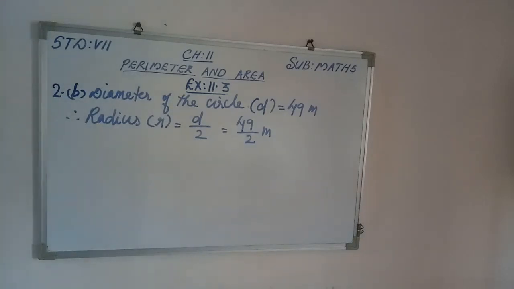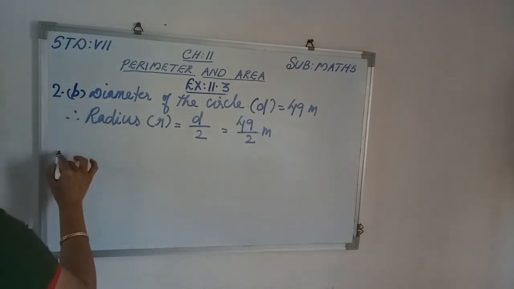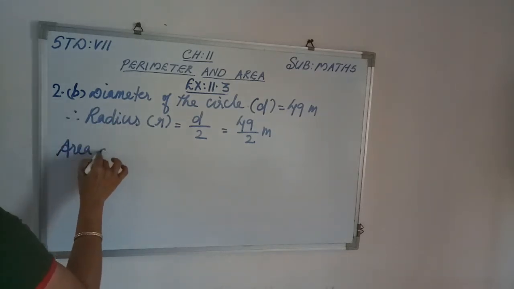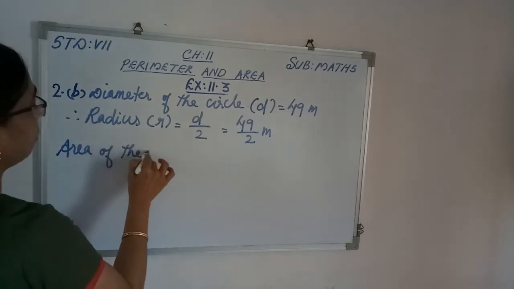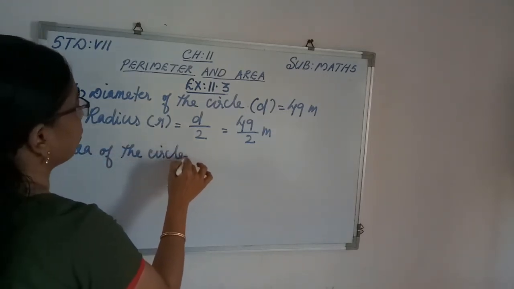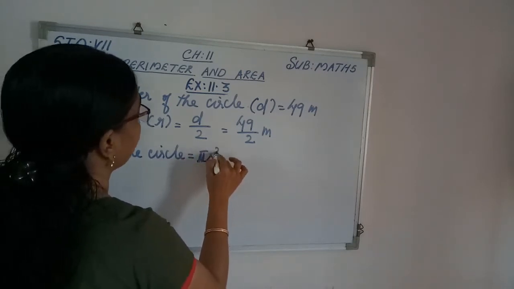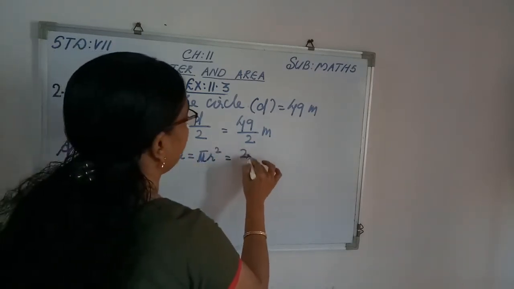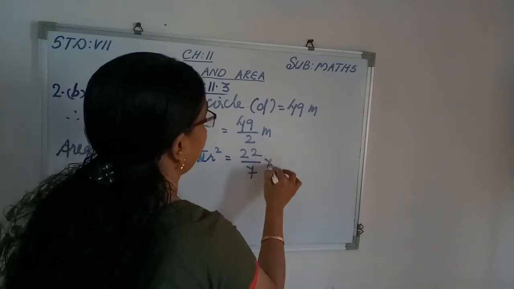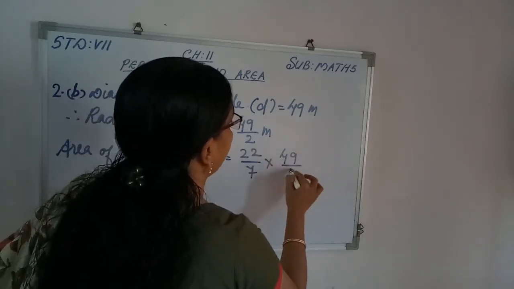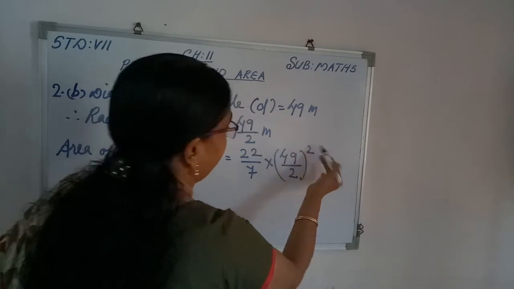Now, next, what to find out? Area of the circle. We got the radius, therefore area of the circle is equal to pi r square. Pi r square, that's equal to 22 upon 7 multiplied by 49 upon 2 the whole square.